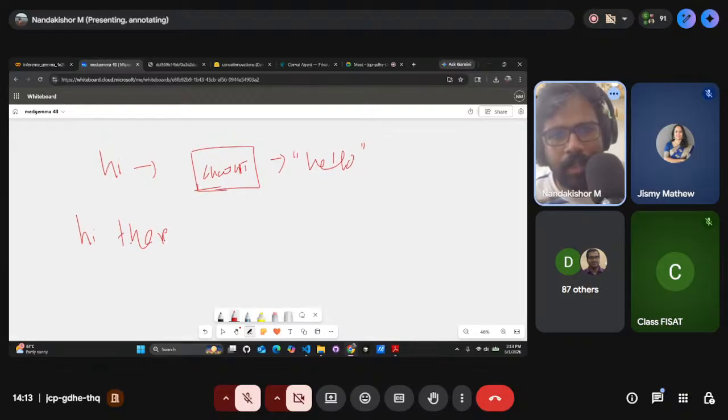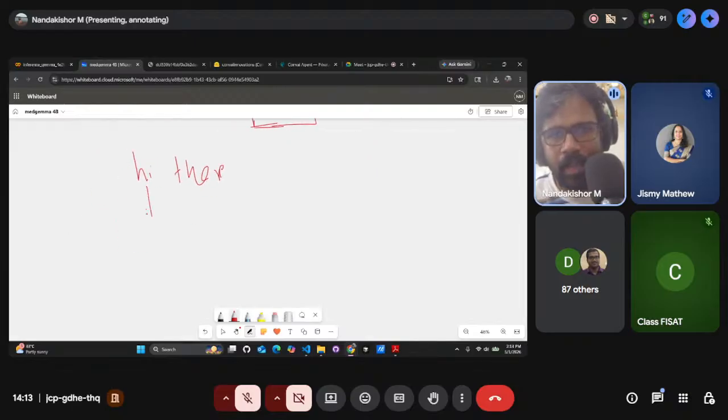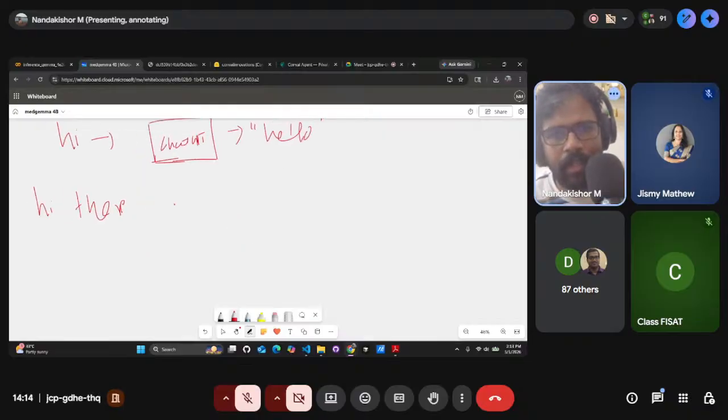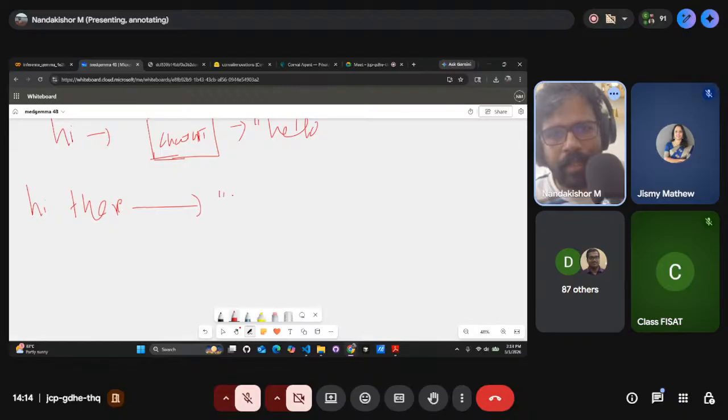Each of these will be assigned a token ID, which is just a number like 18 or 19. So "hi there" will be split into "hi" and "there," and each of them will be assigned a number, say 18 and 26. So 18 represents "hi" and 26 represents "there."